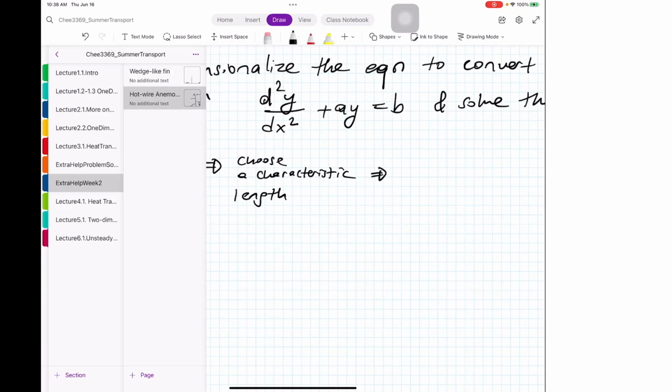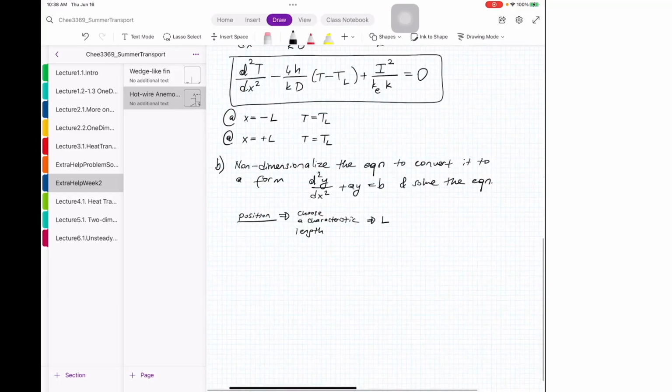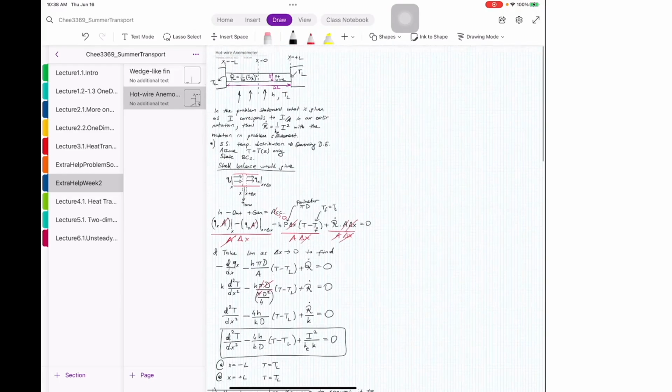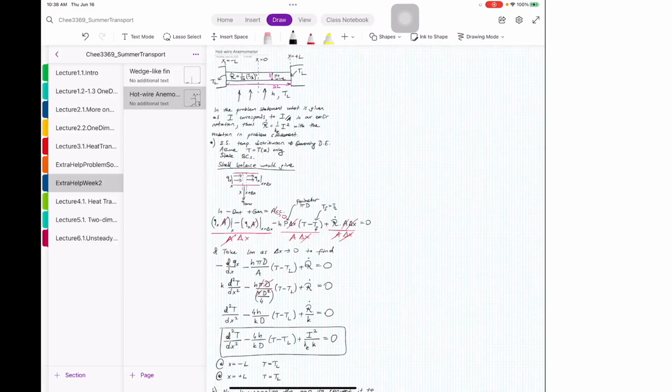It's just the L. Okay. There is another actually length scale, which is the diameter of the wire, but it's not a good candidate for a characteristic length.